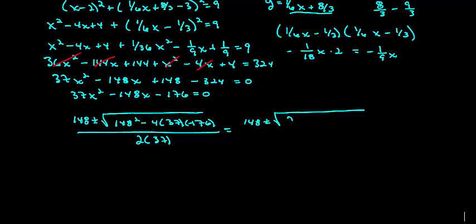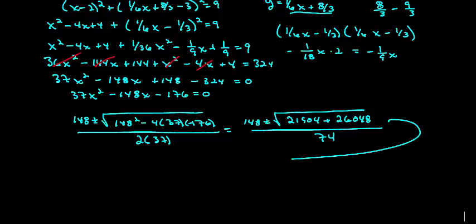Okay, so this is 21904 minus, actually, it's going to be minus and negative, so it's going to be plus, right? So 4 times 37 times 176 gives me 26048 over 2 times 37, which is 74.